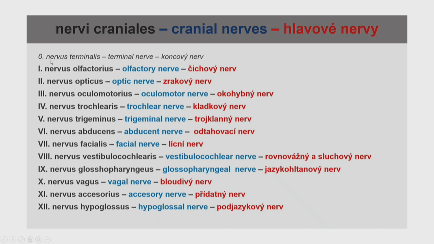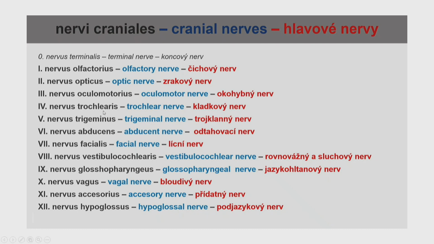But in anatomical nomenclature, we are using these 12 numbers. The first cranial nerve is the olfactory nerve, which is responsible for smell; the optic nerve, which is responsible for vision; and the oculomotor nerve, cranial nerve number 3, which is responsible for innervation of most of the muscles of the eye, the skeletal muscles of the eye, and also some smooth muscle of the eye.